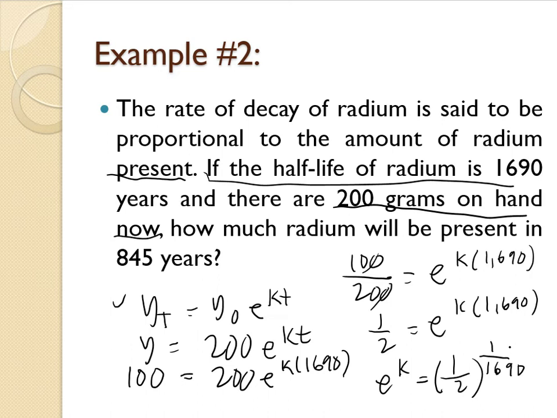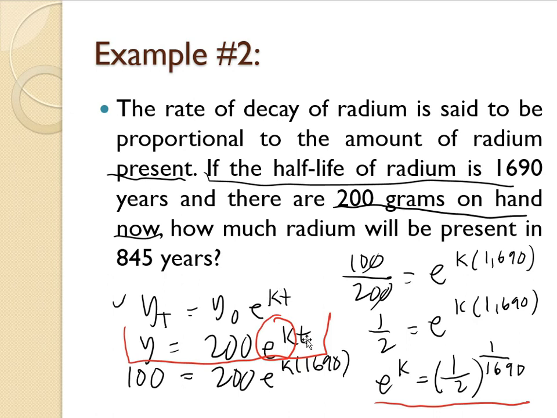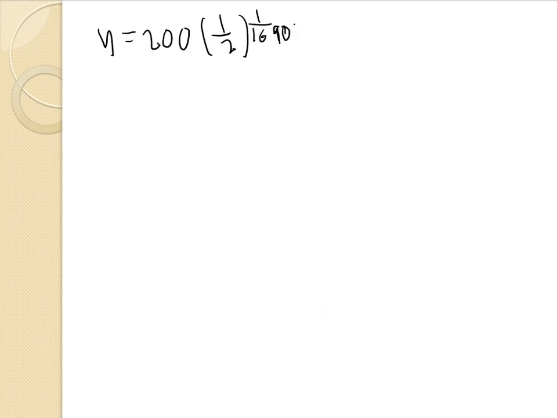Okay? Then substitute this to the original equation, no? Our original equation is this one, and we substitute what we got for e raised to k. So it becomes y equals 200 times 1 half raised to 1 over 1690 times t, which we still need to multiply by t.